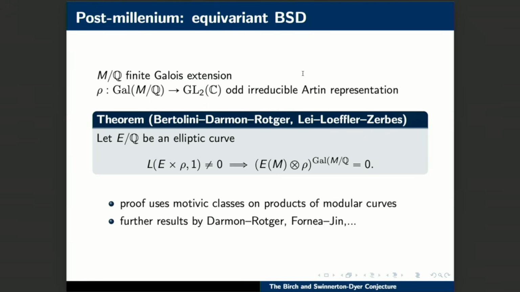So now maybe you have an elliptic curve over Q, for example, but maybe you look at the points over a finite Galois extension. It's still a finitely generated abelian group. There's an action of the Galois group of that extension on those points, and you can look at the pieces of that set of solutions where the Galois group is acting through a particular representation.